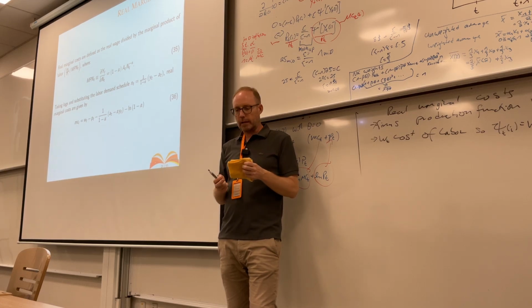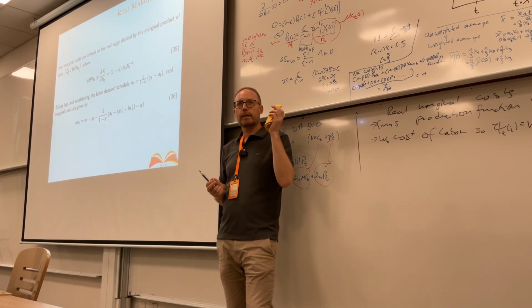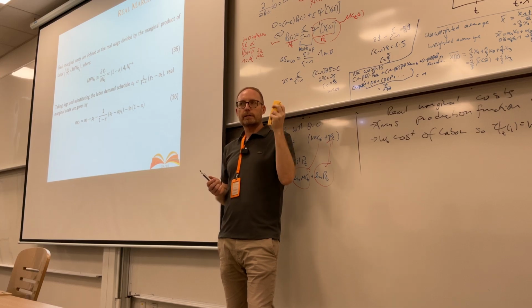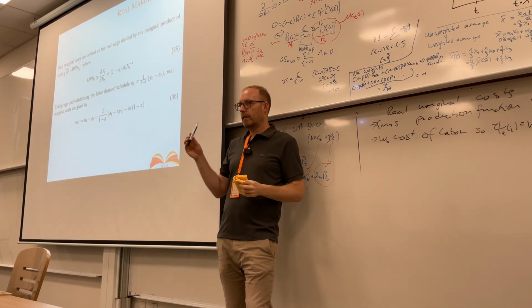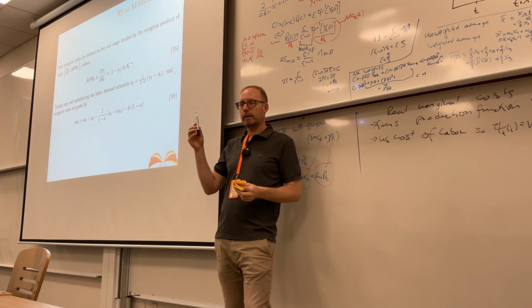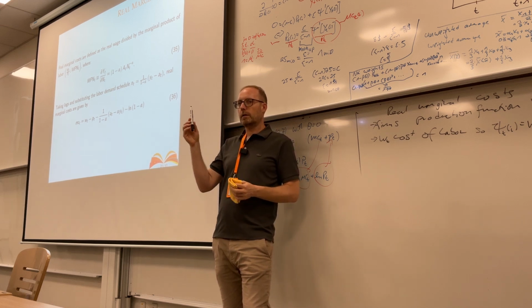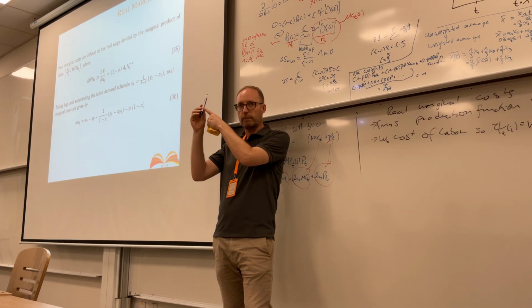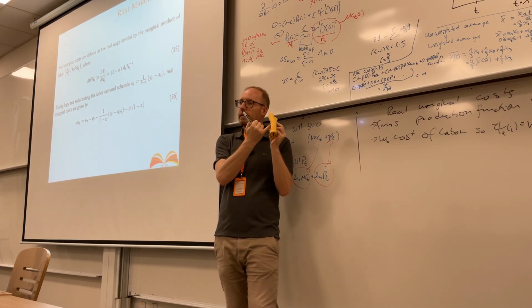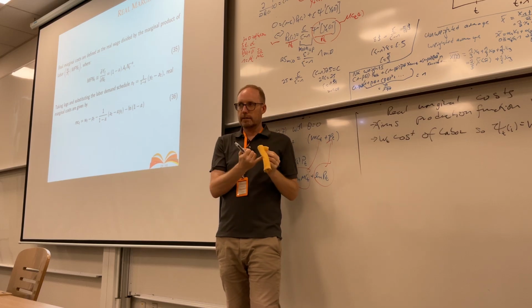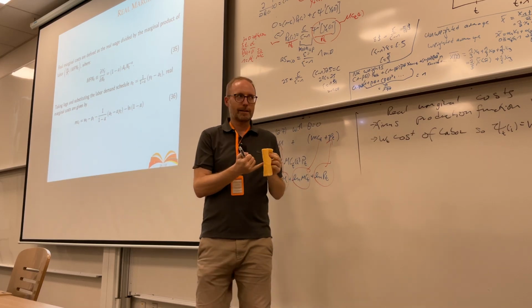is what an hour of labor costs. If this takes 30 minutes to make, and this takes 2 hours to make, the marginal cost, so the cost of producing 1 more of these, is 60,000 dong. The cost of producing 1 more of these is 15,000 dong.